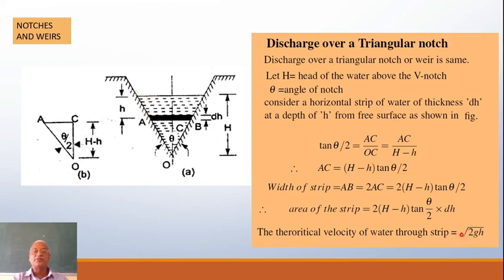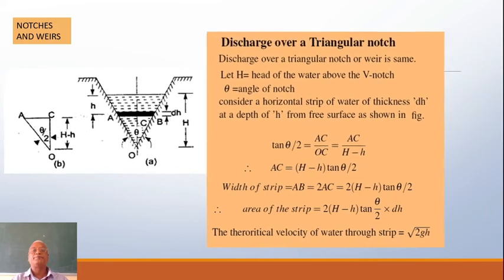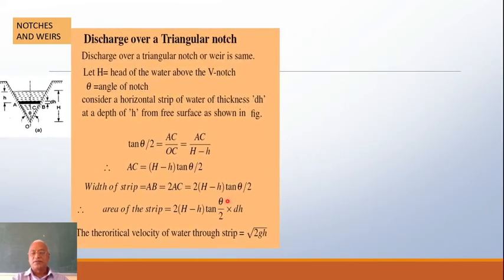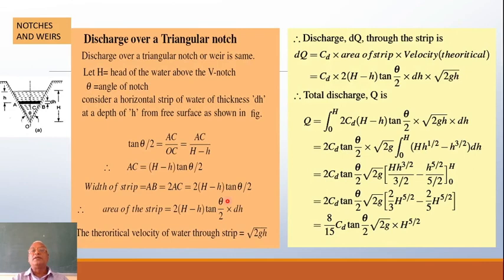Now this velocity and this cross-sectional area give you a discharge dq. So the discharge dq through the strip will be CD, the coefficient of discharge, times the area of the strip 2 (H minus h) tan theta by 2, times the theoretical velocity root 2gh.